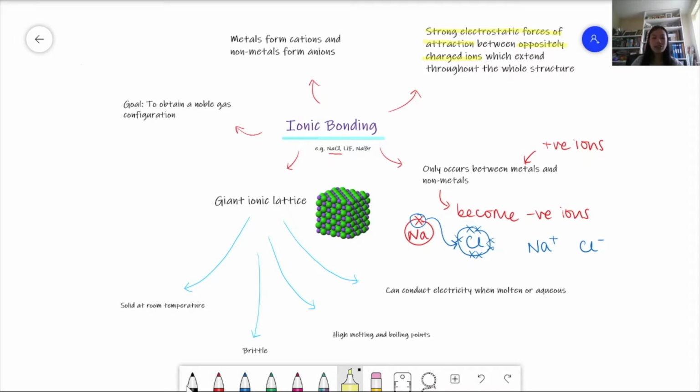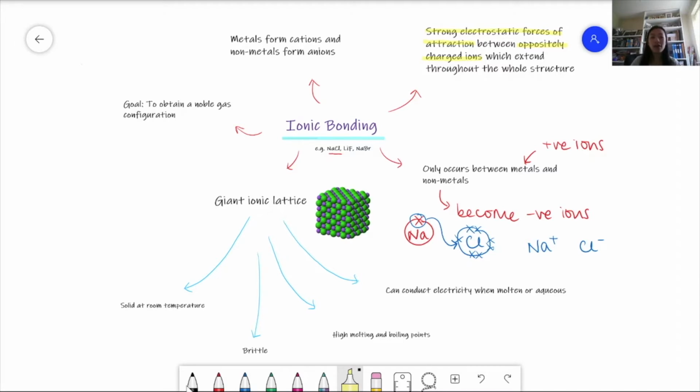They can conduct electricity when molten or aqueous because molten just means when it's melted, there are ions in the lattice, so they can conduct electricity, because the two ways you can conduct electricity are either by delocalized electrons, which are just electrons which are free to move throughout the whole structure, or ions.